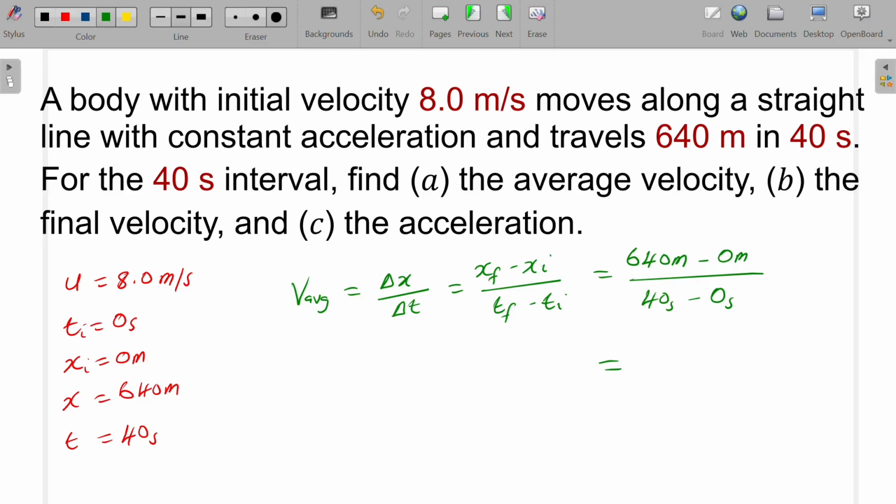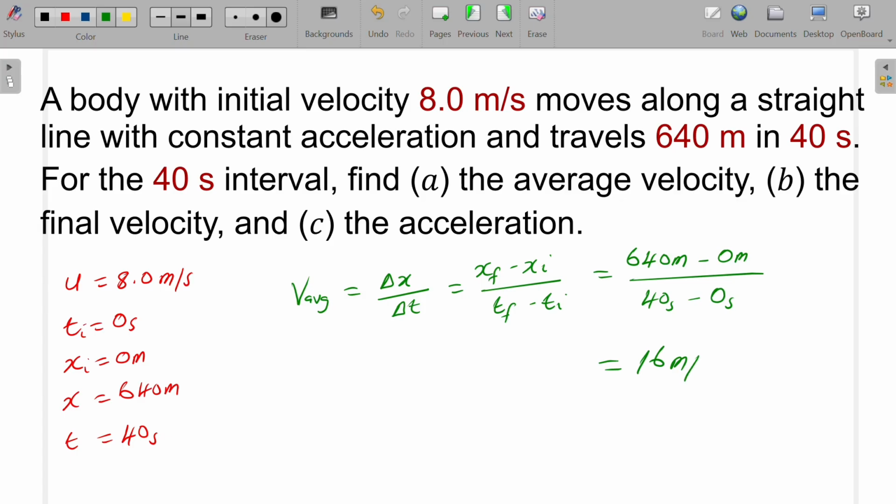And when we do our mathematics there, what we have is 640 divided by 40 seconds. What are we getting here? So when we divide that, 640 divided by 40 gives me 16.